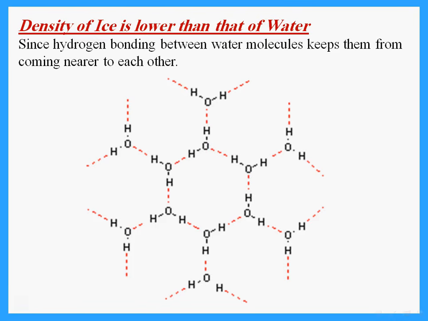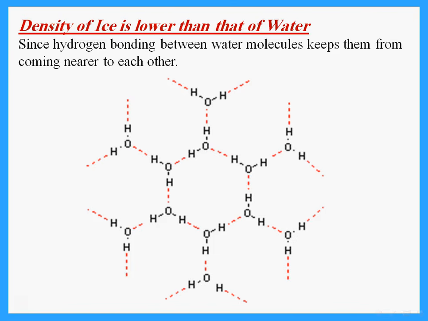Okay, now another effect of having hydrogen bonds is the fact that the density of ice is lower than that of water. We said that solids should have stronger interactions between their molecules than liquids. Liquids should have stronger interactions between their molecules than a gas.